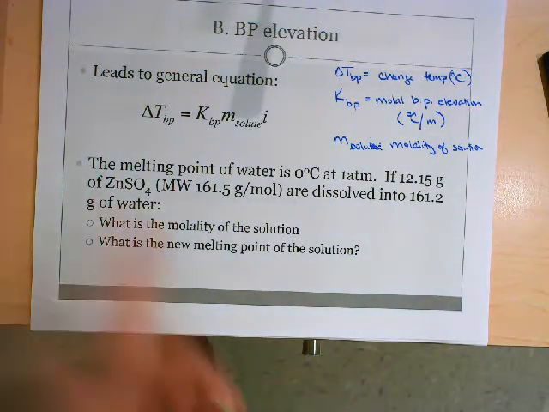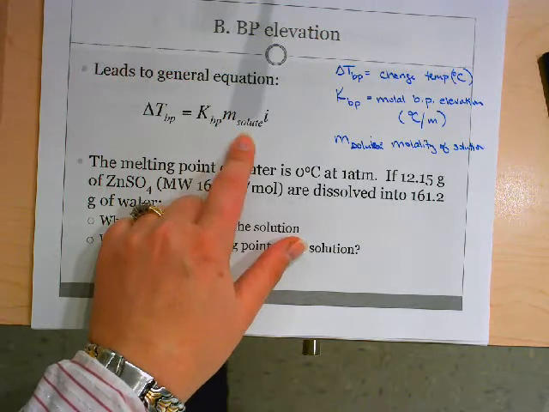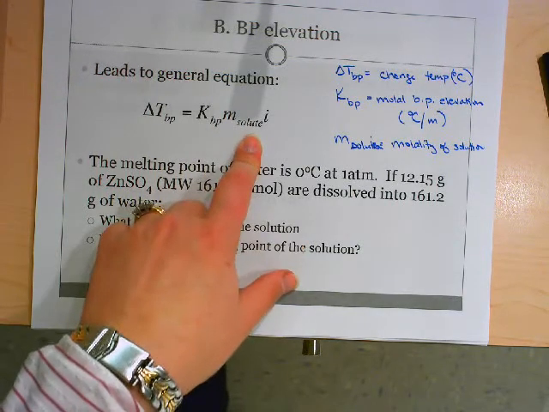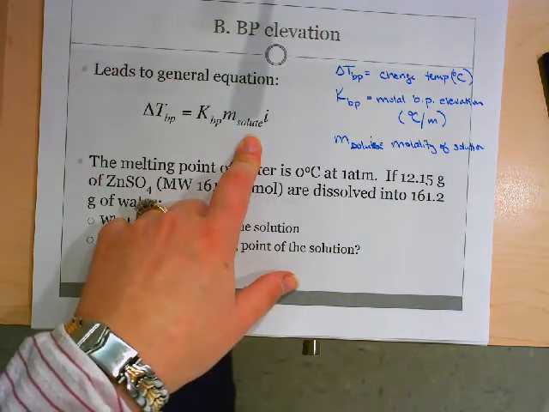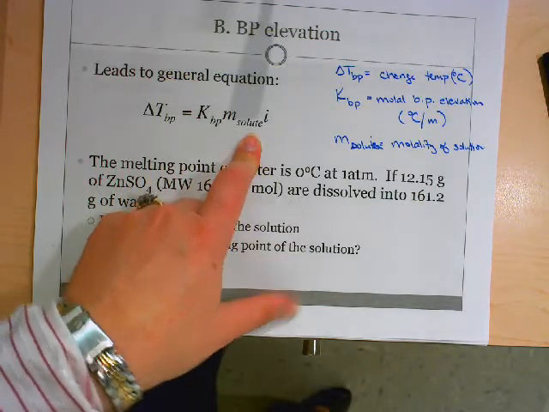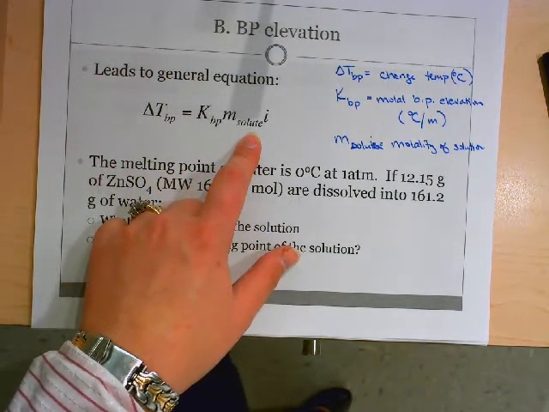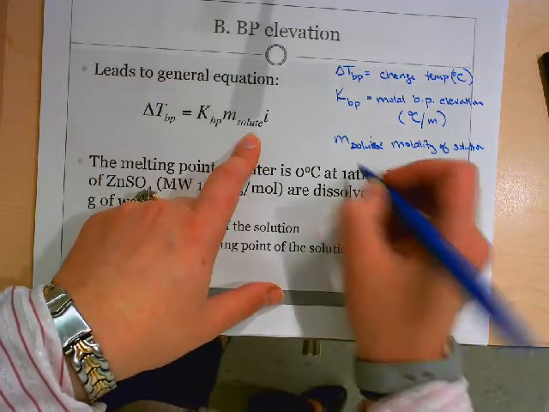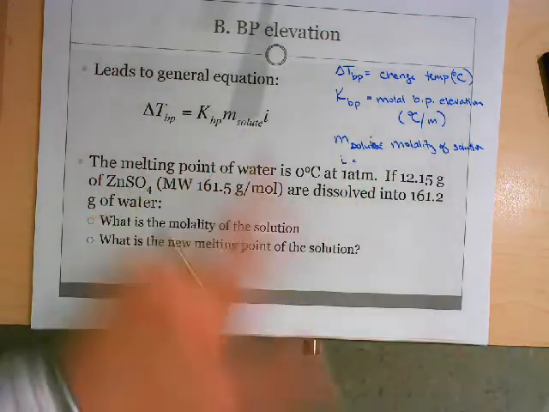Then you have, I think in your textbook they use solute as the lower, it could be solution, solute, either way, the molality of your solution overall. And then i is the tricky thing.